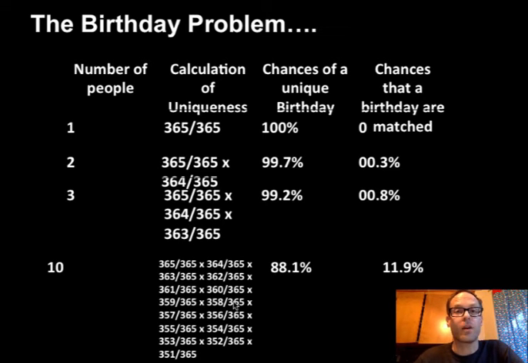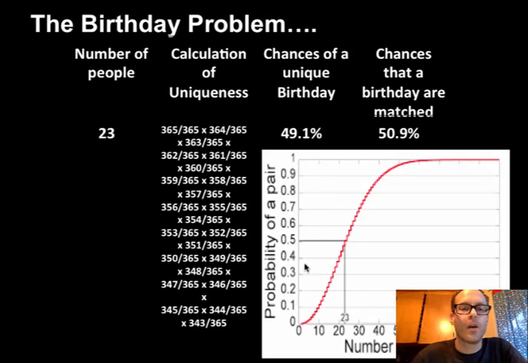So how does all this work? It's not a math class, but what essentially happens is as you add more and more people, the probability grows, but it doesn't grow in a steady stream like you think. It grows exponentially very, very quickly, so that when you get to 23 people right here, you can see that probability increases very quickly that two people are going to share a birthday.